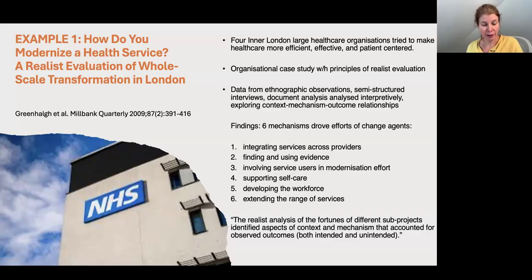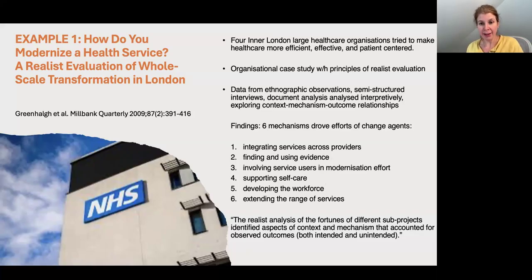Their evaluation identified 6 main mechanisms that drove the efforts of the change agents within the health system. And these were things like integrating services across providers, better finding and use of evidence, involving patients in the modernization effort, supporting self-care, etc. And what was very clear from this evaluation is that these different mechanisms didn't always work in the same way in different contexts, for example, in different hospitals or services.